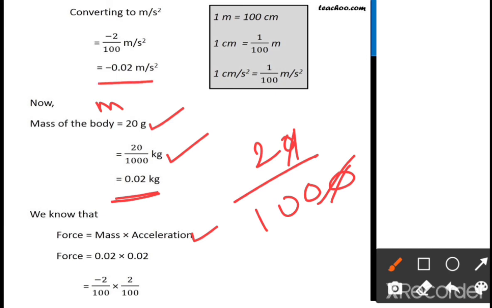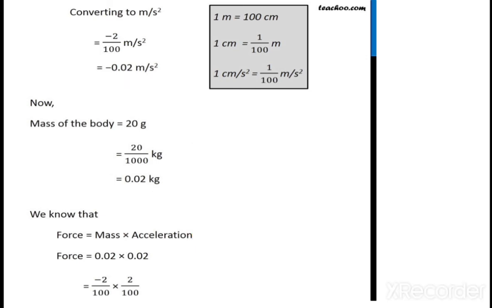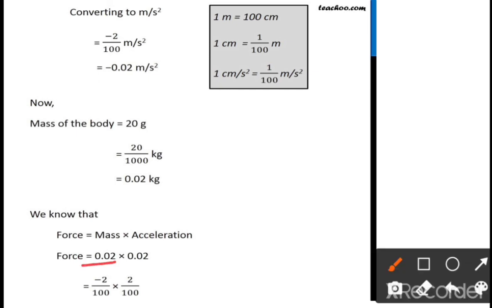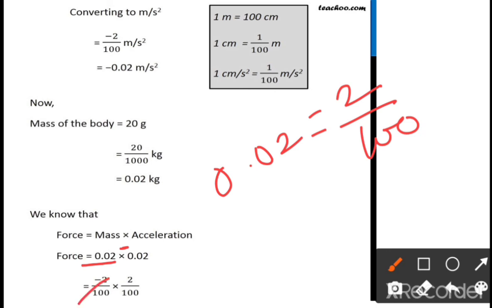The acceleration is minus 0.02. So 0.02 we write as 2 by 100. So minus 2 by 100 into 2 by 100.